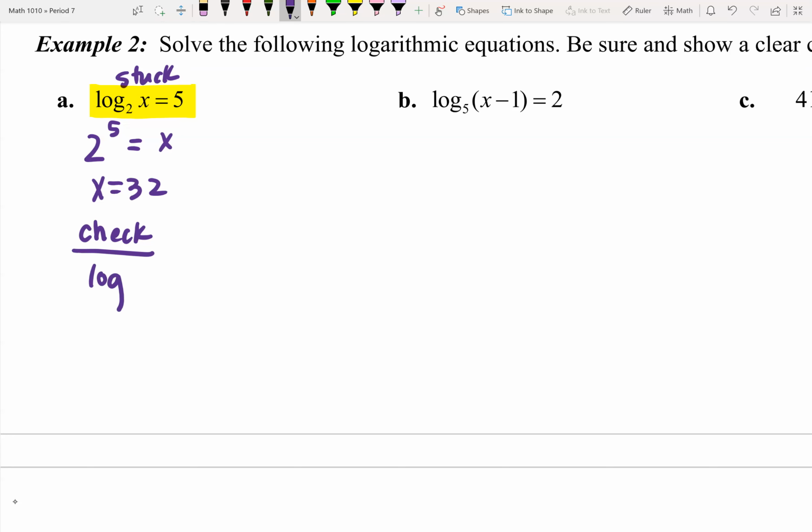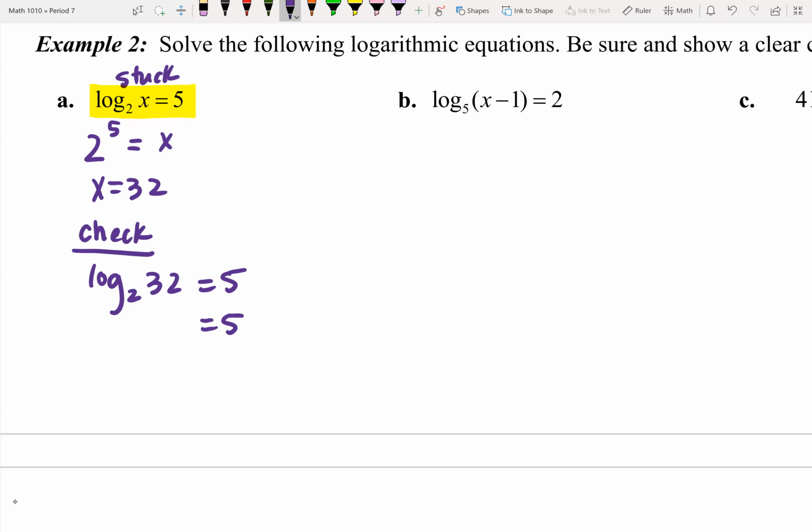So everybody go, log base 2 of 32 is equal to 5. Do you see how on the right it's an equals 5? Leave it alone, and let's check the left and see if we get a 5. So everybody grab your calculator. How do you put in log base 2 of 32 in your calculator? Do you remember? Shout it out for me. Perfect.